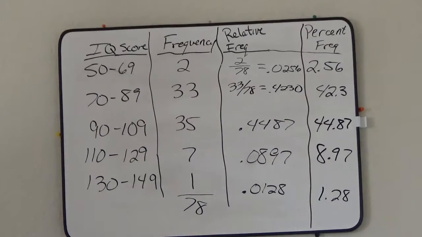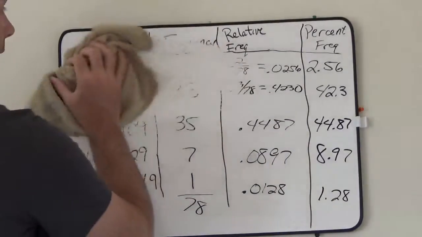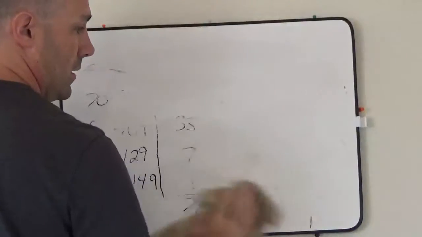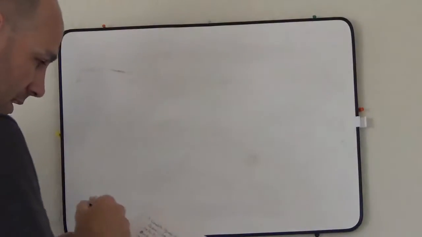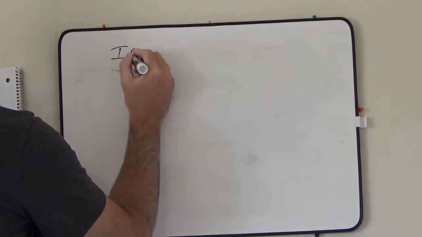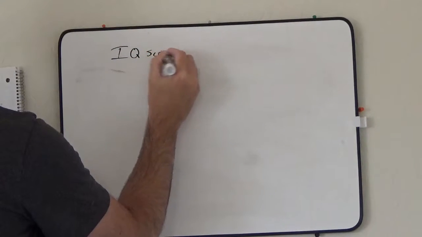Now cumulative frequency, that's a little bit different. And I'm going to have to erase this and start over with the information here. Sorry you had to watch me do this, but let's say cumulative, what that does, we're going to take our IQ score and we're going to change how we're looking at it.